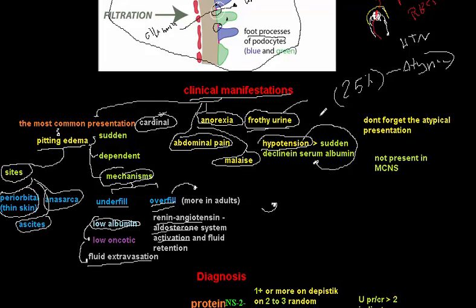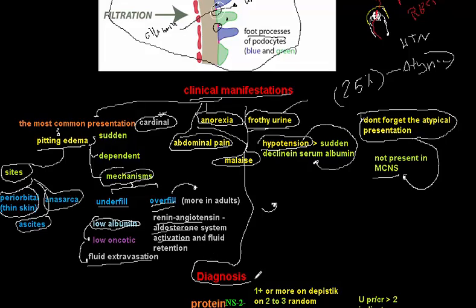And don't ever forget the atypical presentation of the nephrotic syndrome, the hypertension and the hematuria, okay. Actually, if we have atypical presentation, that indicates that we have other types than minimal change nephrotic syndrome. This is about the clinical manifestations.